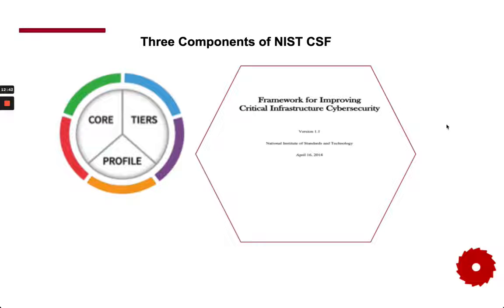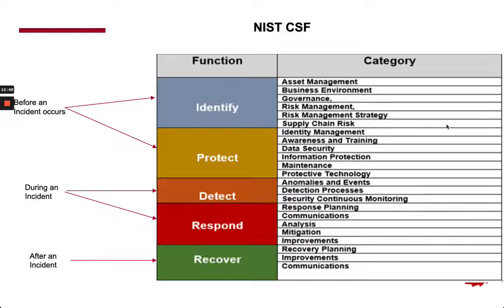The core is basically a common set of cybersecurity activities which defines what cybersecurity is, what the scope is, and what will help in enhancing the security posture of our organization. The core is broken down across 5 functions: identify, protect, detect, respond, and recover.